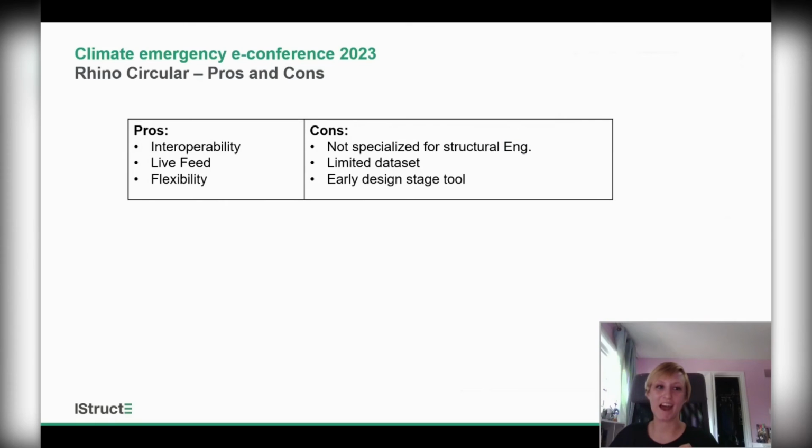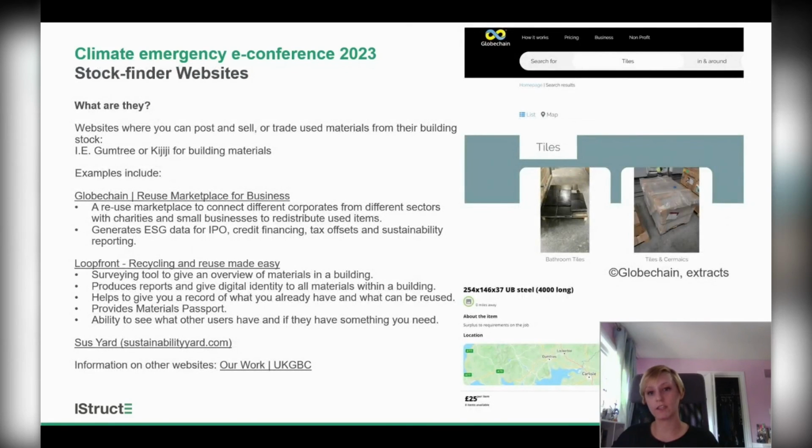Yep. All right. So it is more for the early design stage. Now, going on to that, there are also stock finder websites. These websites are more for looking into how you can actually source recycled material. So, for instance, there's Globechain and there's Loopfront.